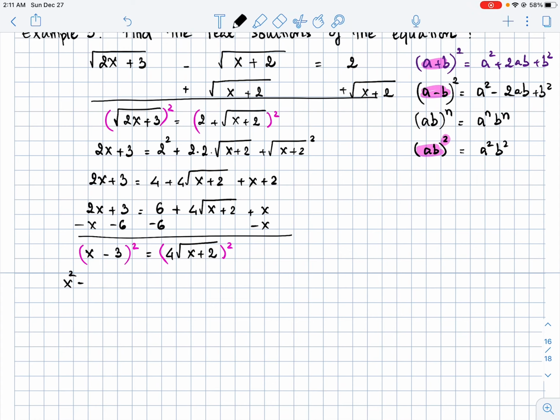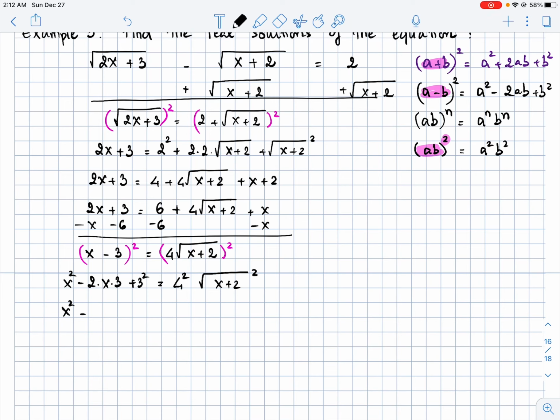So we will do x squared minus 2 times x times 3 plus 3 squared. And for the right hand side, between the 4 and the radical, it is multiplication. So we will apply the a times b formula. So the square will be on the 4 and the square will be on the radical.